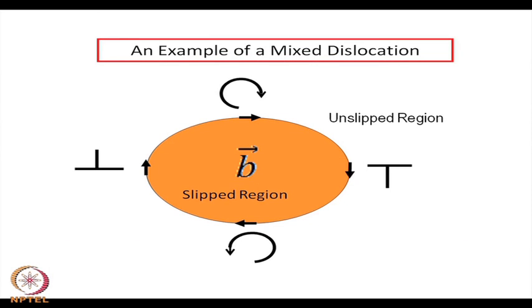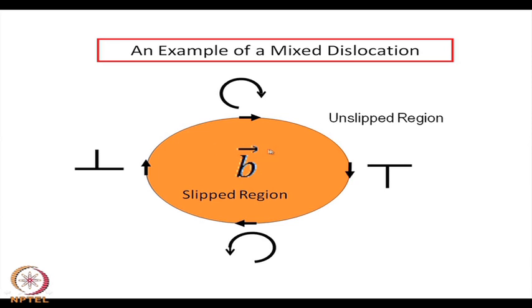This is an example of a mixed dislocation. Instead of a straight line, we have a circle or elliptical line. The middle portion is a slipped region and this is the unslipped region, or it may be vice versa depending on where the stress is.